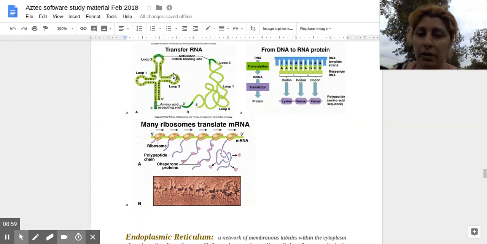This is what tRNA looks like. This is the anticodon binding site, which binds to the codons of the mRNA molecule. In mRNA, each triple base is a codon, and each one determines which amino acid goes there.